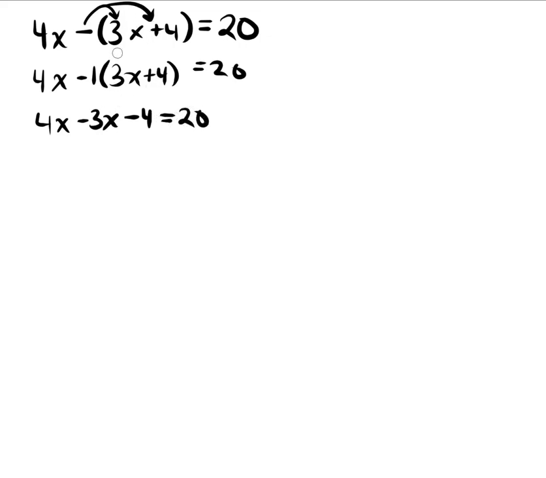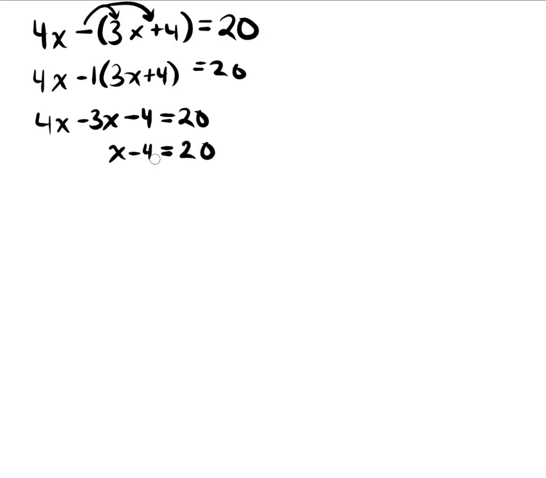Now that I've done that, I can start combining like terms. I have my 4x minus my 3x, which is just x. I'm going to write that a little closer. So I'm going to have x minus 4 is equal to 20.